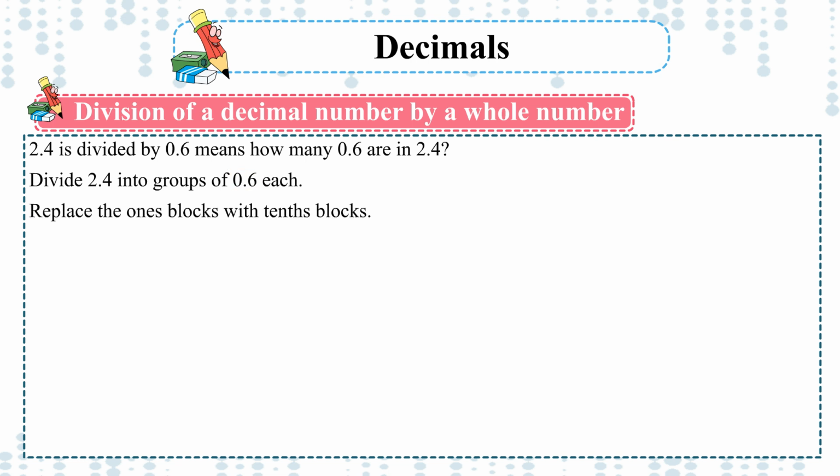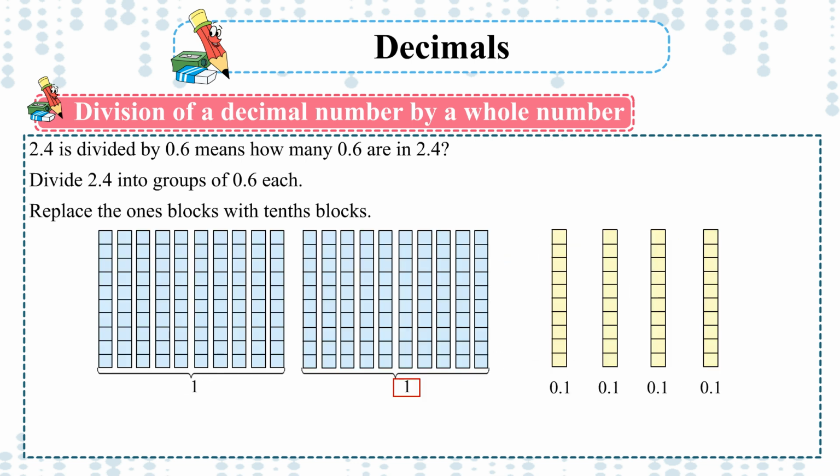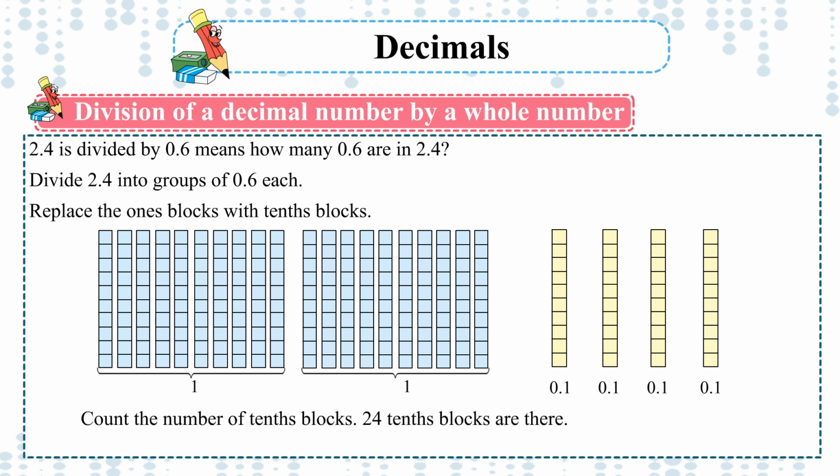Replace the ones blocks with tens blocks. 1, 1, 0.1, 0.1, 0.1, 0.1. Count the number of tens blocks. 24 tens blocks are there.